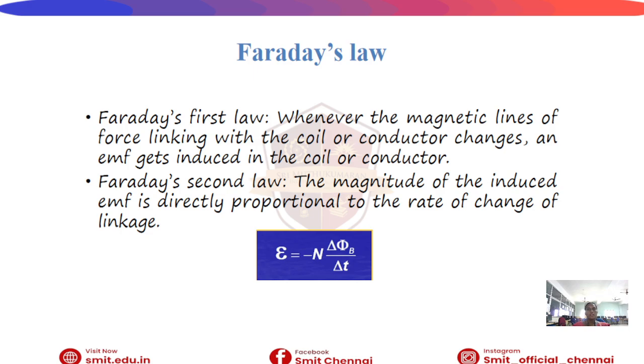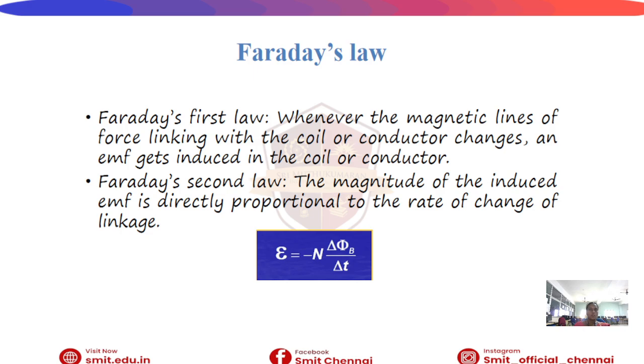Then Faraday's law of electromagnetic induction. Faraday gave two important laws to explain electromagnetic induction. First law: whenever the magnetic lines of force linking with a conductor or a coil change, an EMF is induced in it.